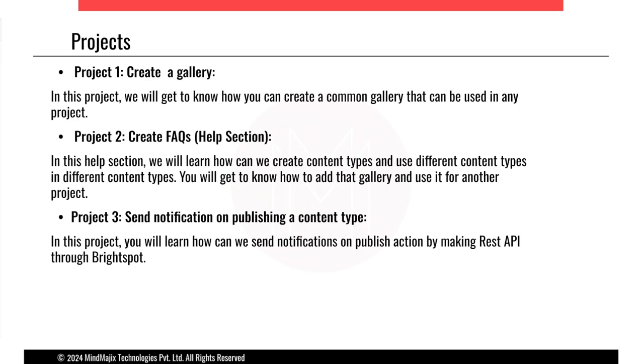When you go to many websites or apps, you can see a FAQ section there, a help section where few questions are mentioned, like how may I help you, or how can I navigate through any feature of the app. And after each question, there are answers.